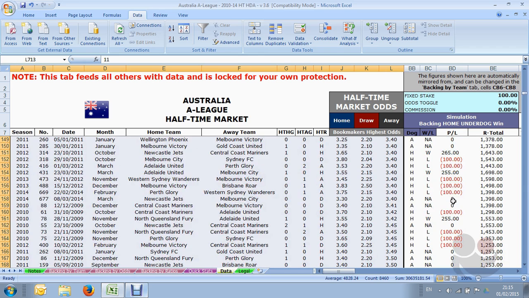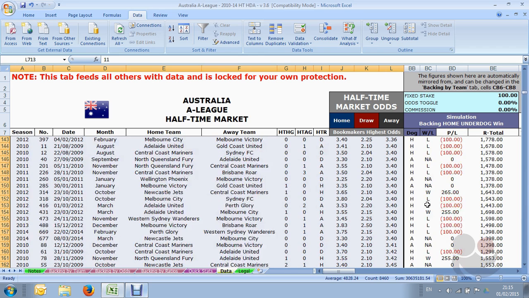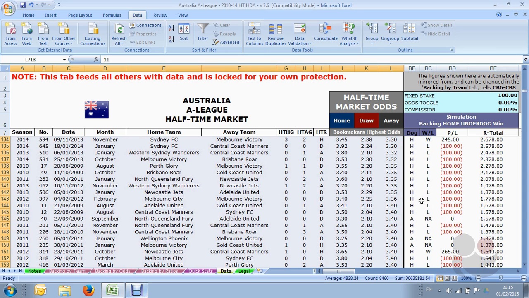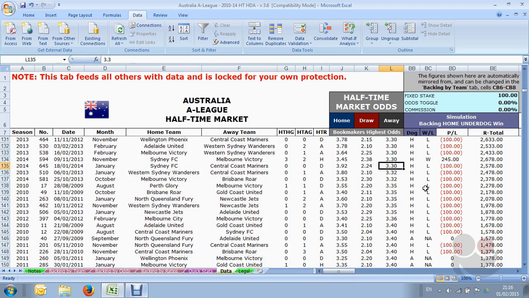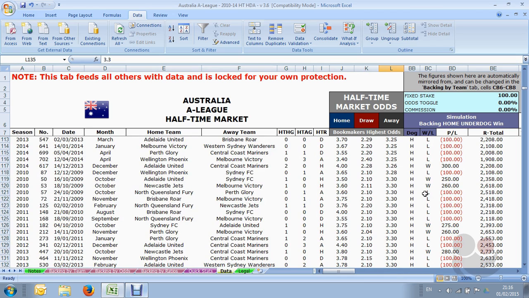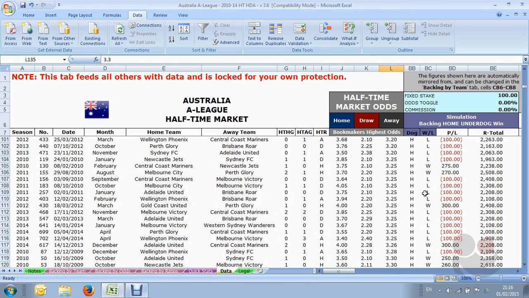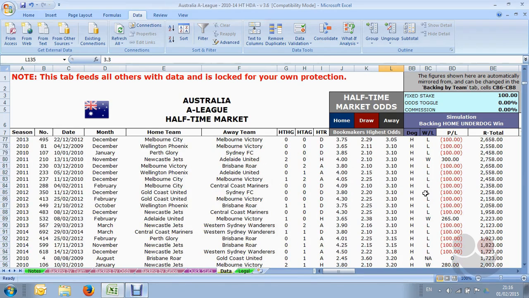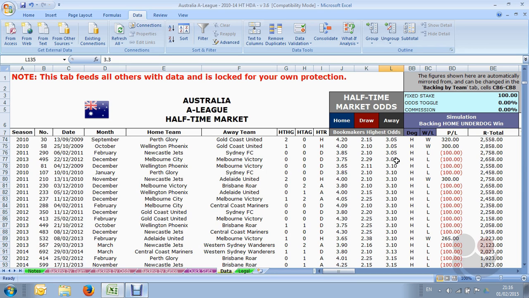We'll keep looking, see if we can find anything else. 3.36 is 1778, 3.35 1878. 2378 at 3.32, 2578 at 3.30, 305 is 2658.